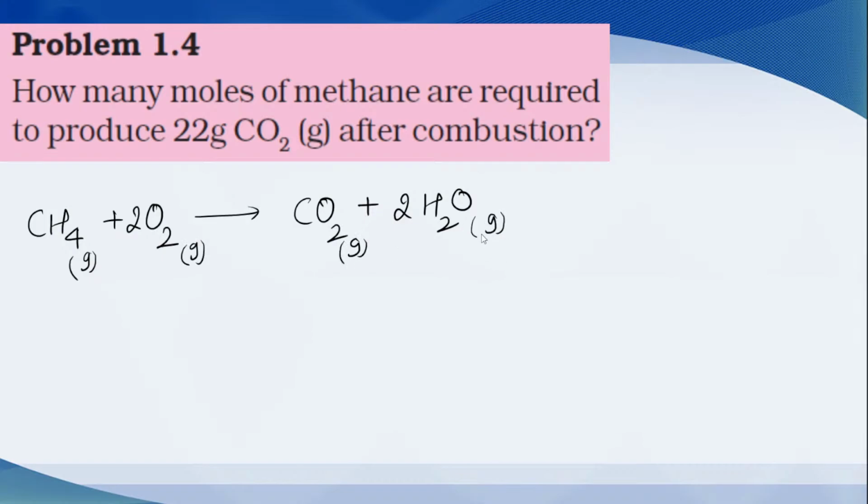Now see, there is a relation between moles of methane and mass of carbon dioxide, so just focus on methane and carbon dioxide. 1 mole of methane on combustion produces 1 mole of carbon dioxide, meaning to produce 1 mole of carbon dioxide, 1 mole of methane is required.